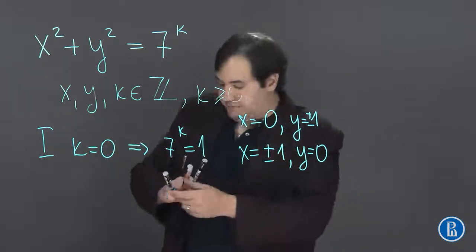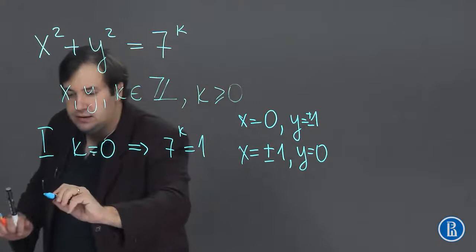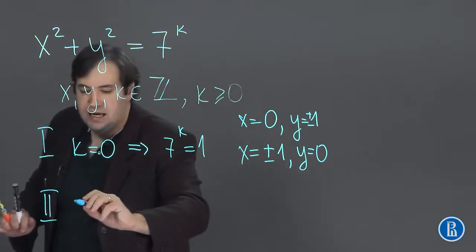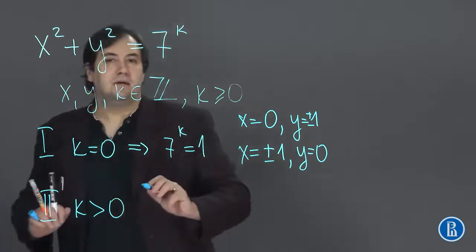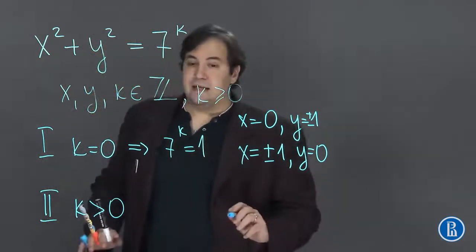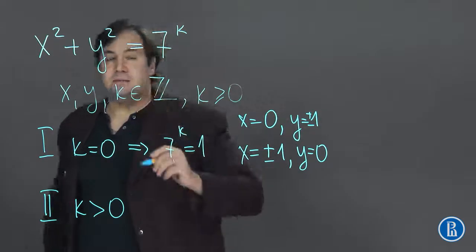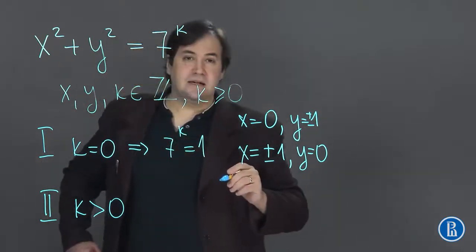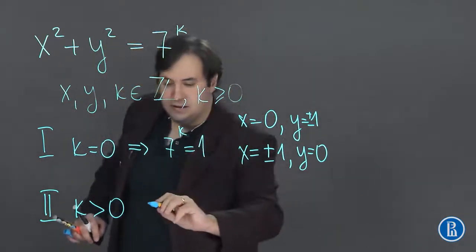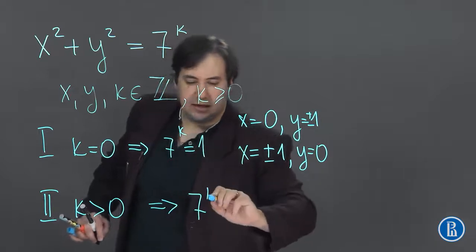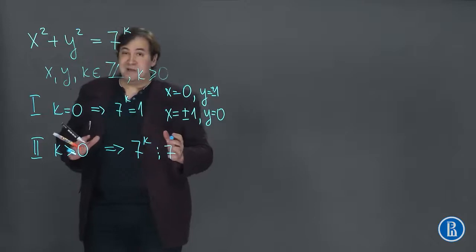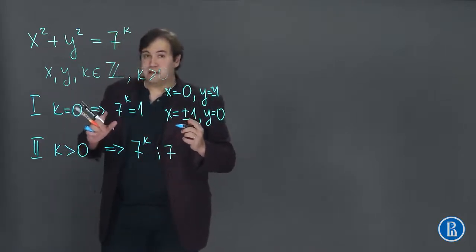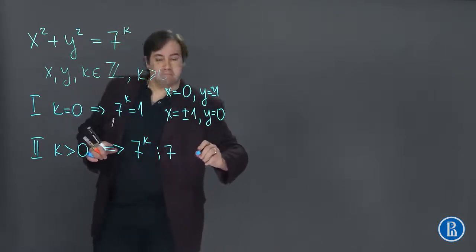The second case, if k is strictly positive, greater than 0, then the right-hand side is divisible by 7, which means that the left-hand side must also be divisible by 7.